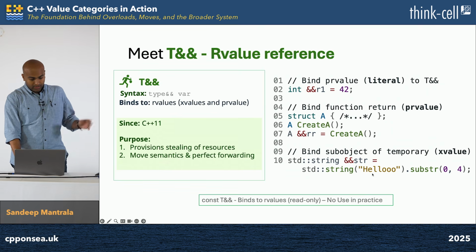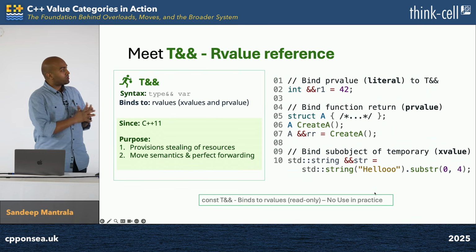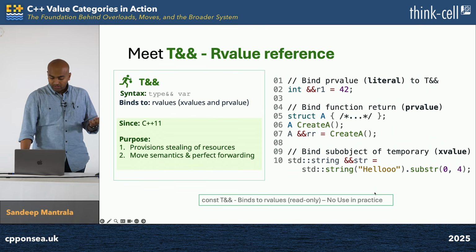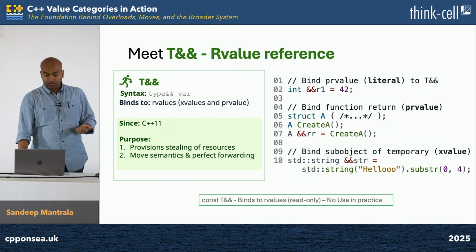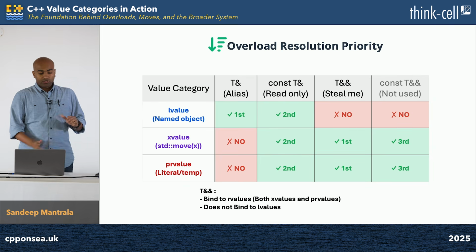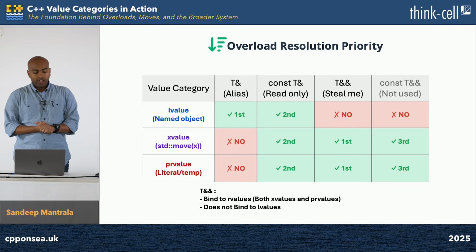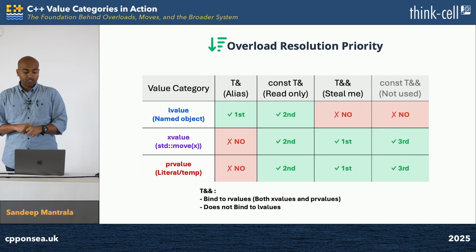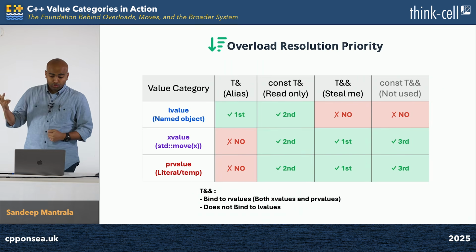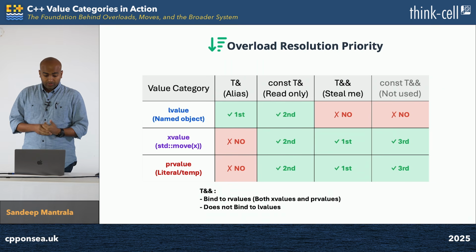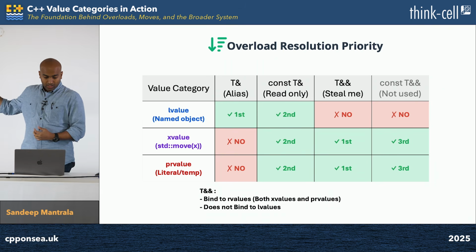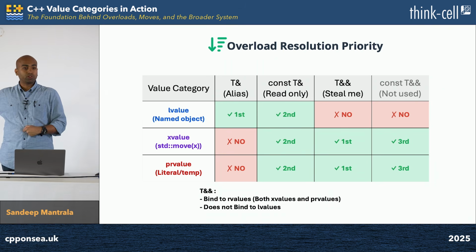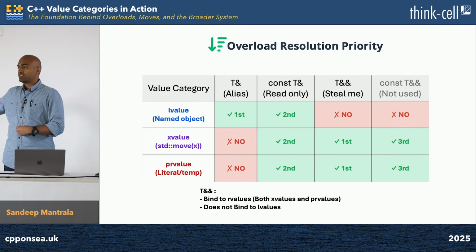I hope everyone understood what an R value reference is. An R value reference is to bind exclusively to R values. Here we have L value reference and const L value reference, same as in C++03, but we have two new additions: T&&, which is an R value reference, and const T&&. Const T&& is almost useless because it doesn't make sense semantically.